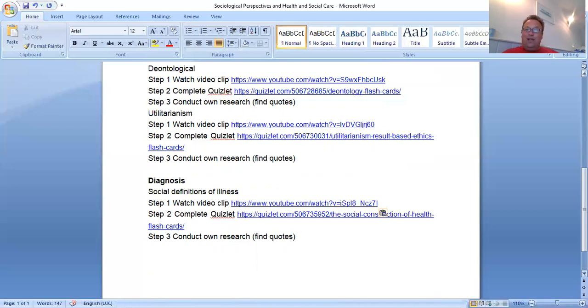Follow that up with the Quizlet exercise to reconfirm and to gain a more fundamental grip of the key terms, and then conduct your own research, gaining the better understanding through that research, and find juicy quotes to use as part of this. Of course, you need to make sure that when you're conducting this research, that you reference properly throughout using a Harvard reference system.